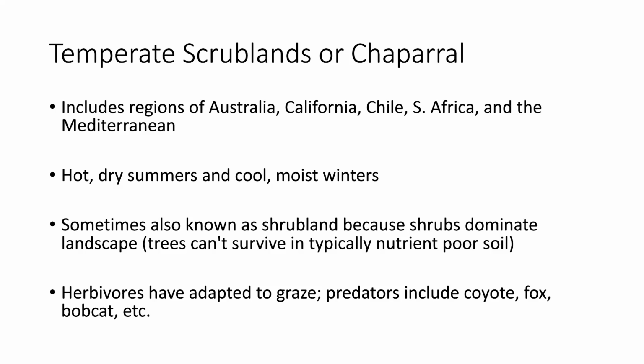So just the plant eating organisms, the ones that graze. And then with the grazing organisms, that's going to attract a whole bunch of different types of predators as well. So we will see a fairly biodiverse environment in these biomes, because we've got coyotes, fox, bobcats, just other things, as well as those plant eating organisms.